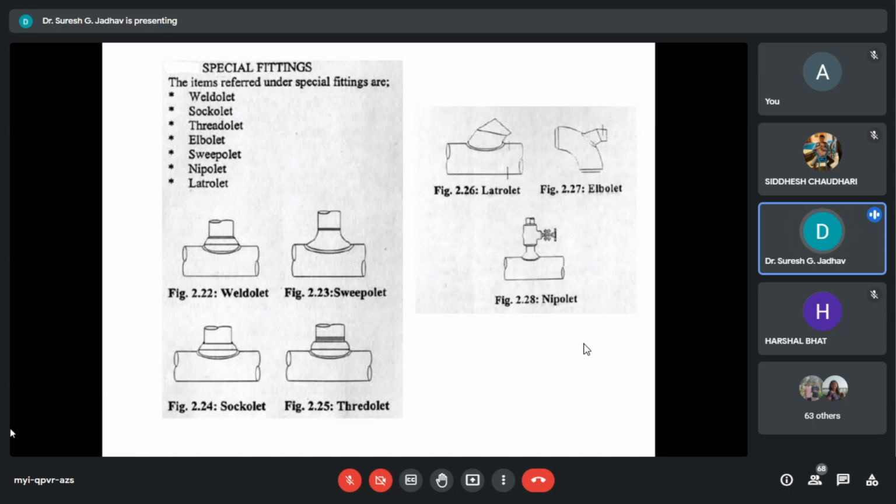Standard T is specified by ASME standards but is not available, then we can use weldolets due to size restriction and piping is a critical or high pressure service.